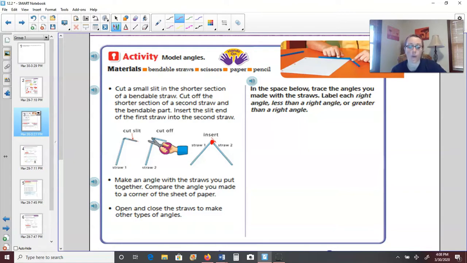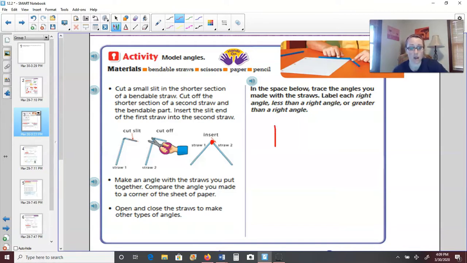And that's where it can open and close. I did not have 2 bendy straws at my house, so I couldn't make this. But this was just something hands-on if you wanted to make an item that you could use to show different angles. But we can practice making some of our angles over here in the space provided.